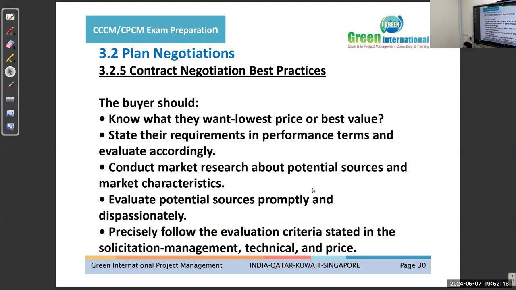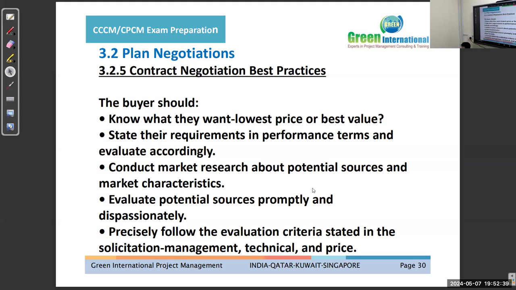Contract negotiations best practices. The best practices are the following. The buyer should know what they want, lowest price or best value, state their requirement in performance terms, and evaluate accordingly. Conduct market research about potential sources and market characteristics.